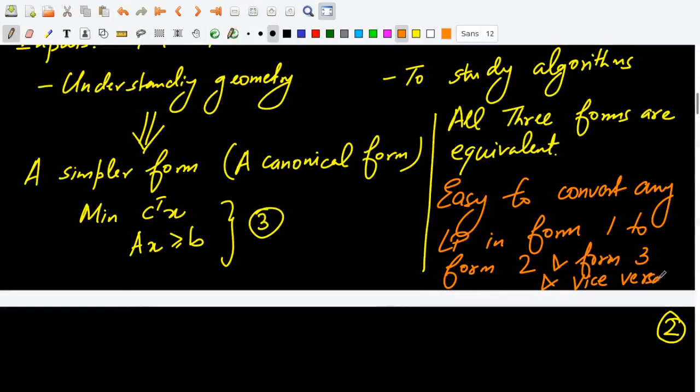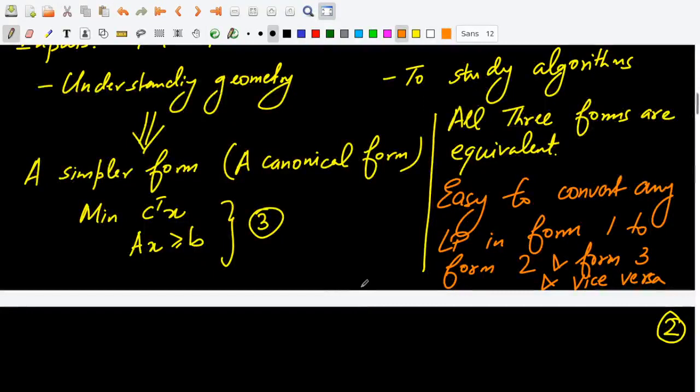So given any problem in any of these 3 forms, one can always convert it into the other two forms, and have the same equivalent problem in the different form.